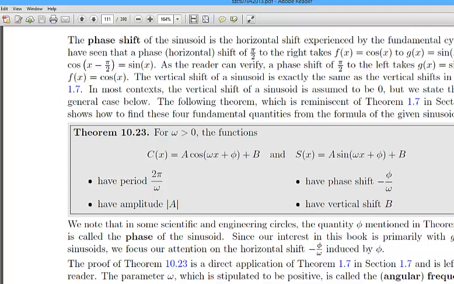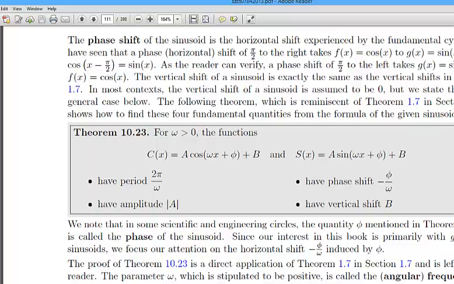It says if you want to know the period, or different things about the function, here are some formulas that can help. Notice what it says the period is. If you have the function a cosine of omega x plus phi, those are Greek letters for the angles, plus b, it says that the period is 2 pi divided by omega. All right? I want to see if I can use that formula here.